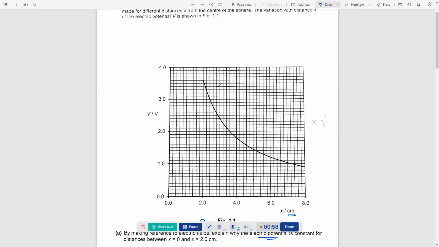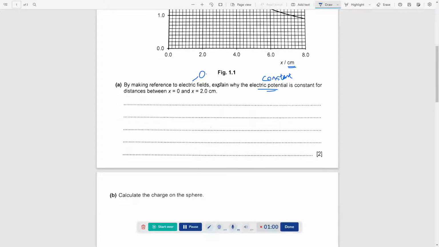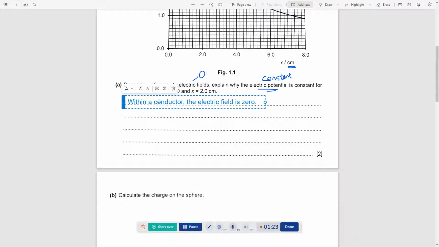You can see that it's constant here, so we need to first explain that the field is going to be 0. So you can probably say that within a conductor, which in this case the metal sphere is, the electric field is 0. My guess is this should be 1 mark.